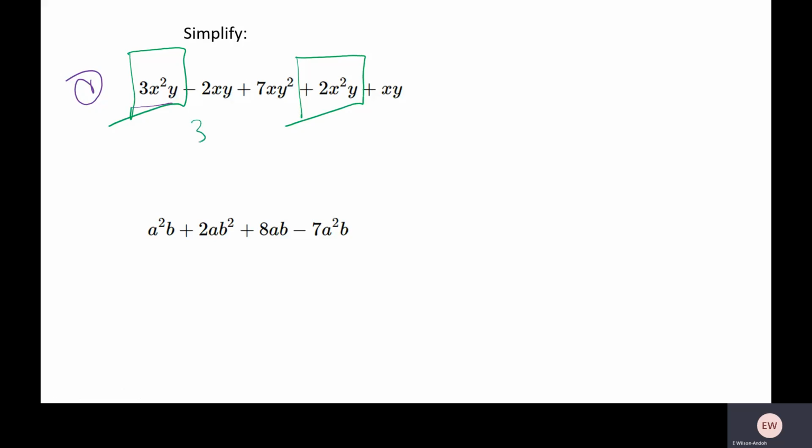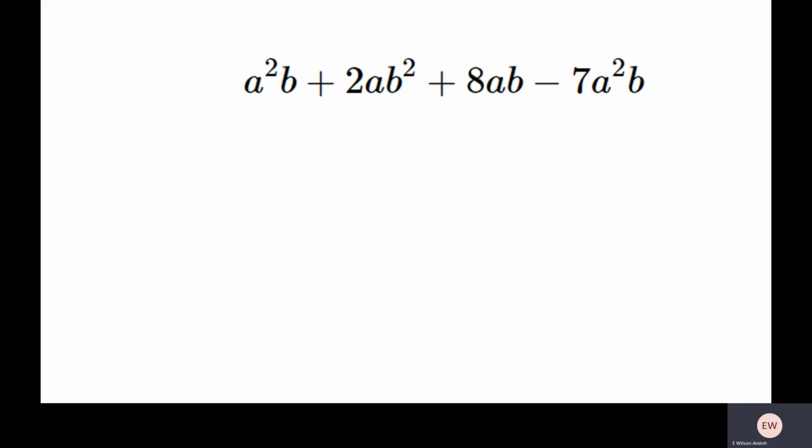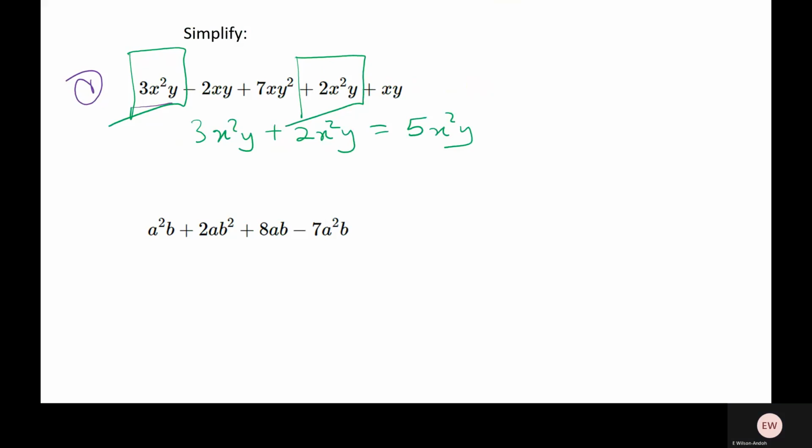So we have 3x squared y plus 2x squared y, and this will give us 5x squared y. Let's see if we have other like terms. So we come to the second term. We have xy and we have xy in the fifth term. So the second term and the fifth term are like terms.